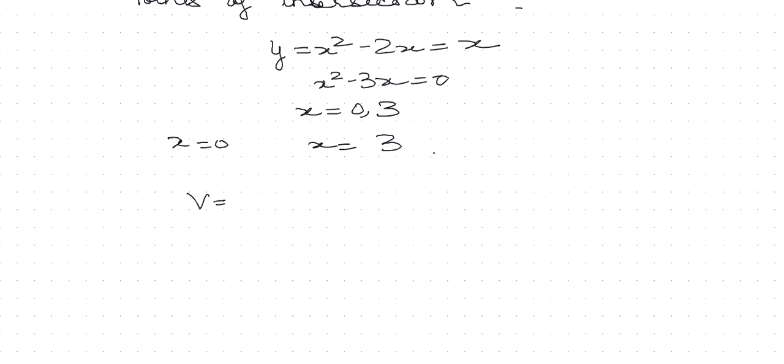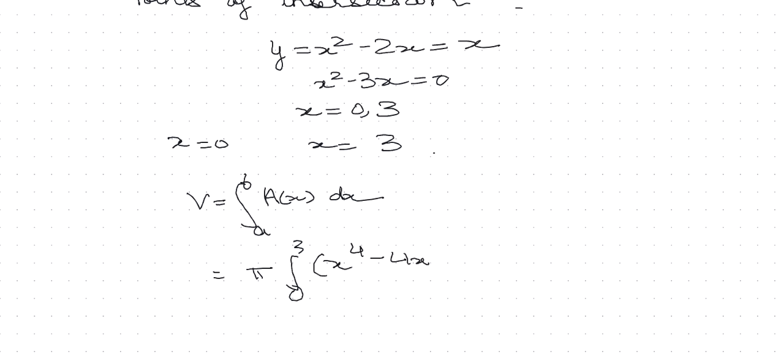So the volume is the integral of A(x) dx. So this will be pi times the integral from 0 to 3 of x raised to power 4 minus 4x cube minus 5x square plus 24x dx.